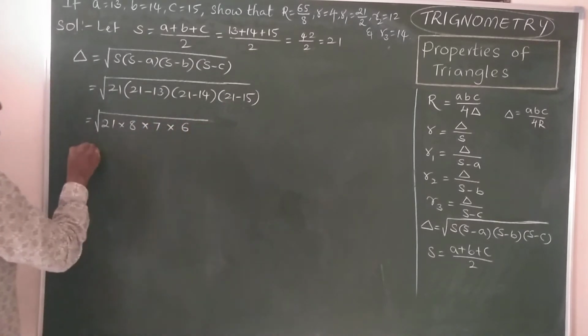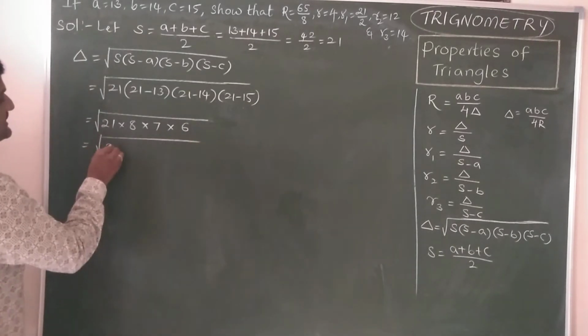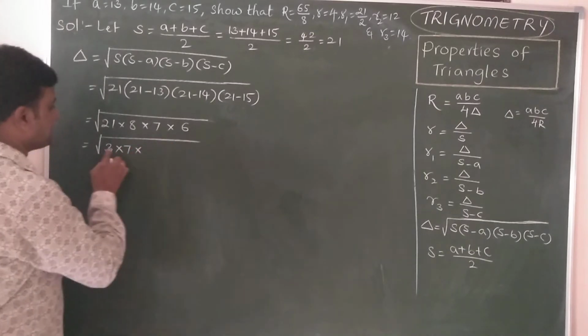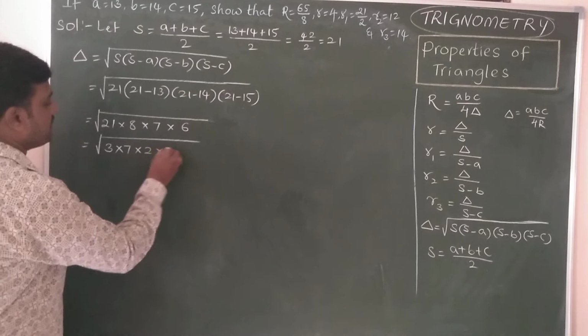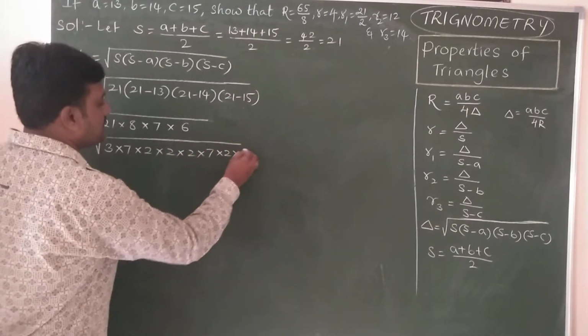Let's simplify. Now observe here. It is 3 into 7. Now write all in prime factors. It is 3 into 7, 2 into 2 into 2, and 7, and 6 is nothing but 2 into 3.